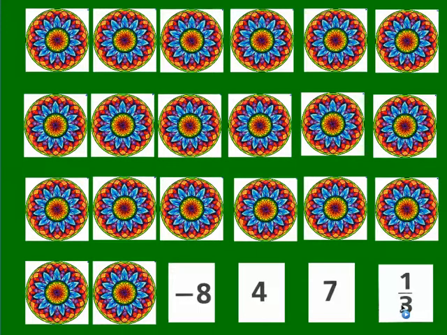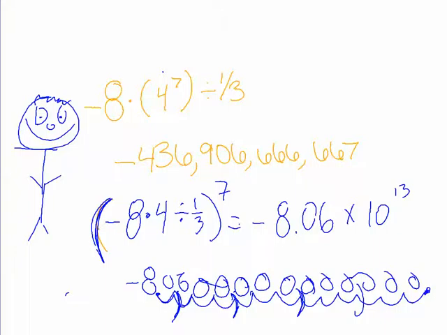So after about 5 minutes, we disclosed our number sentences and see who had the smallest number. One of your classmates made a self-portrait, very cute, and came up with this number sentence. They said -8 times 4 to the 7th divided by 1/3.